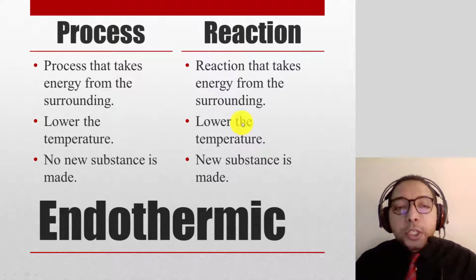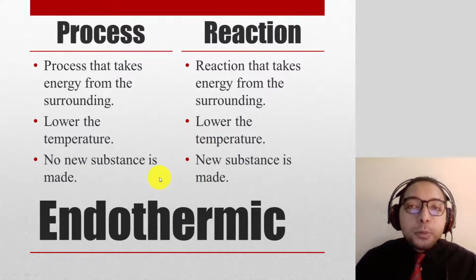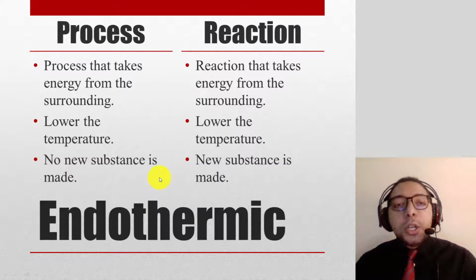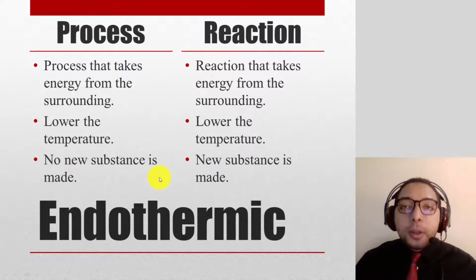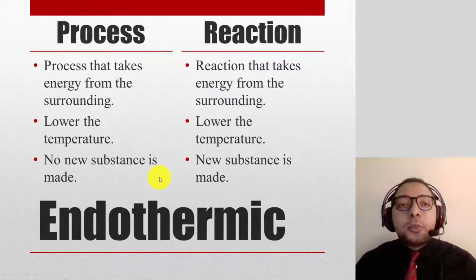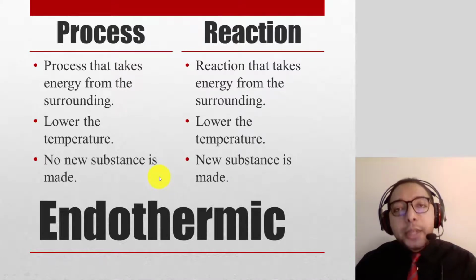Both have lower temperature, but here we have no new substances made. In the reaction we have new substances made. So the difference between an endothermic process and an endothermic reaction is that the process is not going to produce any new material or any new substance. You're going to have the same substance. On the other hand, the reaction is going to produce a new substance, and that's the main difference between the word process and the word reaction.